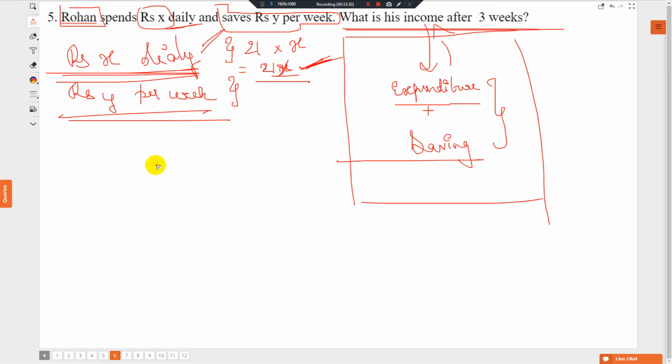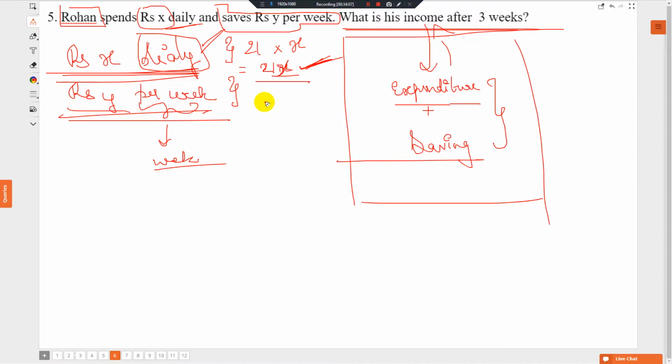Now for saving per week: 1 week he saves rupees Y. In this condition, since it is per week, we should not check for days, we have to check for weeks. Daily means all the days, but per week means weekly he saves a particular amount.